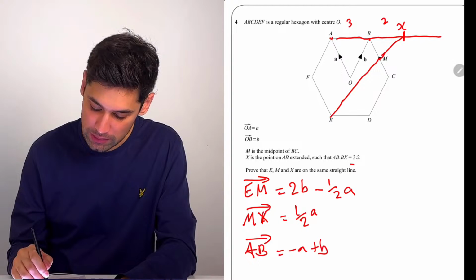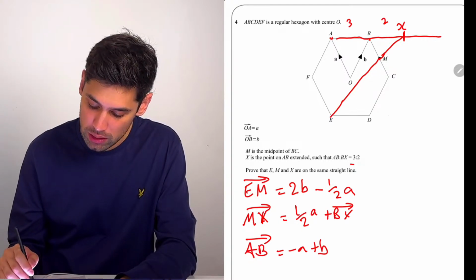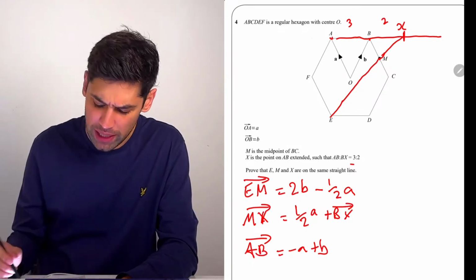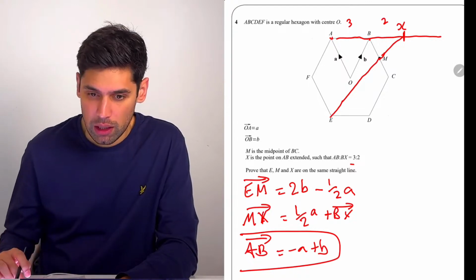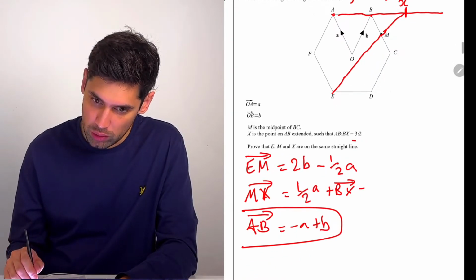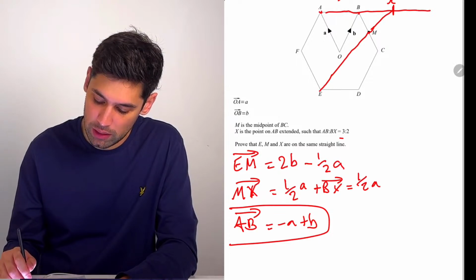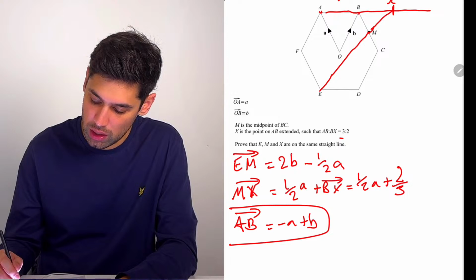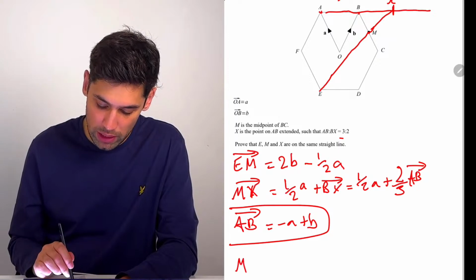That is the key part to this question. So BX is, I shouldn't have written it like that. Actually, we'll keep BX, and then this will just be an aside. So this is going to equal half A plus 2/3 of AB. Now let's write MX again down here.